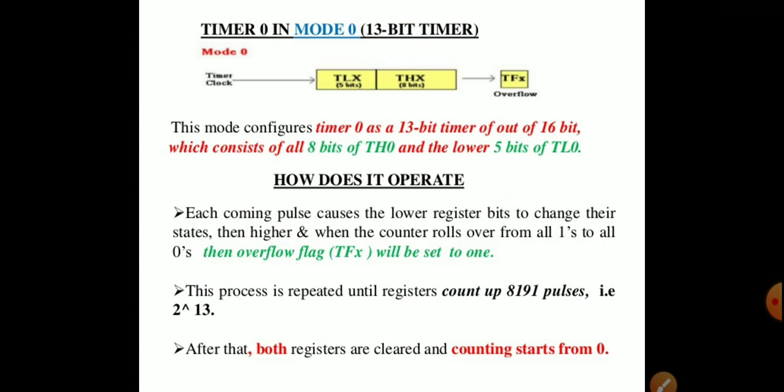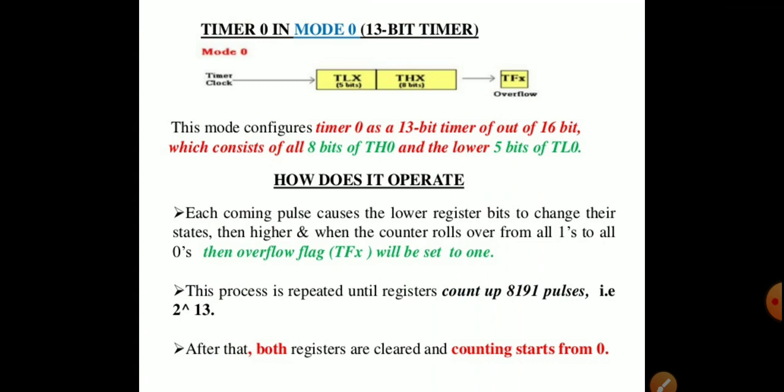Timer 0 in mode 0 is a 13-bit timer, in which the timer clocks and overflow conditions depend on TH0 being 8-bit and TL0 being 5-bit, in total 13 bits of the timer. This mode configures timer 0 as a 13-bit timer out of 16-bit, consisting of all 8 bits of TH0 and the lower 5 bits of TL0.